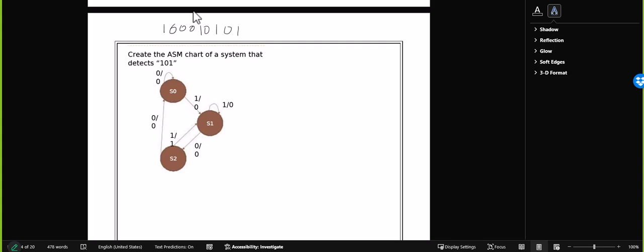Is it Mealy or Moore? It is Mealy. Okay, so we'll start. We've got the ovals. We're going to have an oval. I will call this state 0, state 1, and state 2.